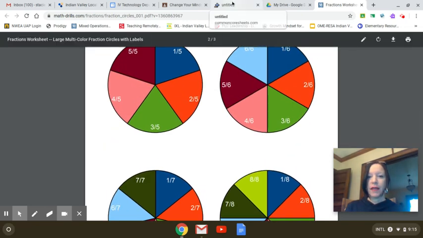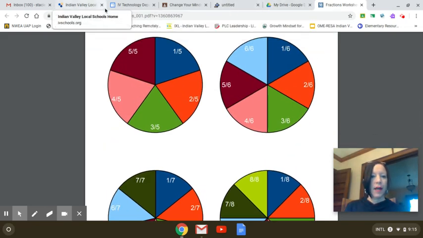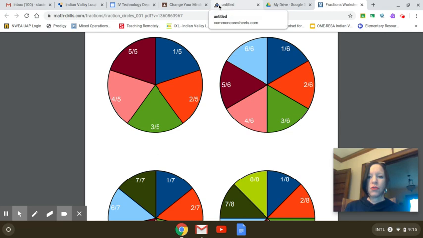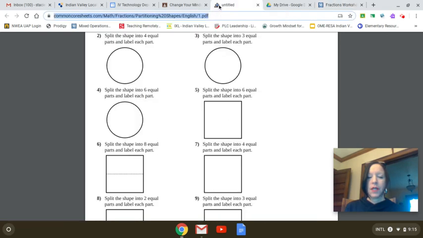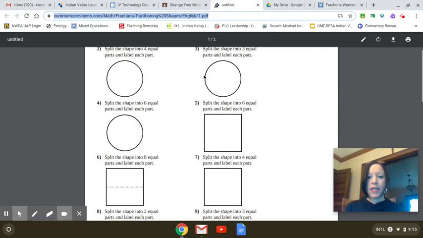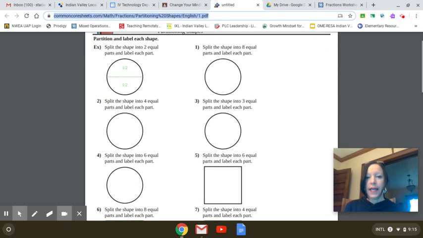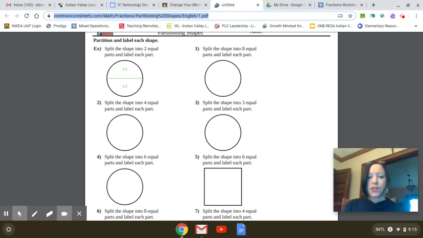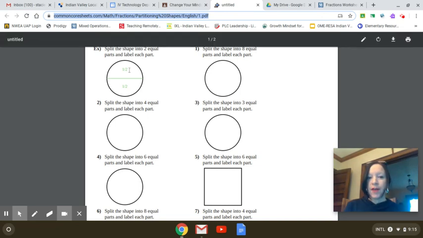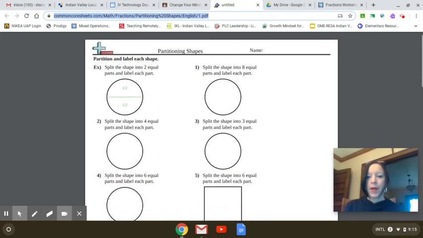Okay, I'm going to send you this sheet here for you to partition and label what it asks you to do. Partition means divide, remember, but we use math words, so we want to say partition.